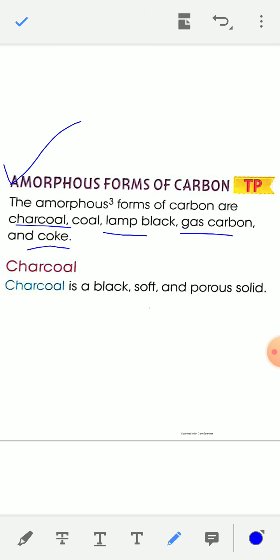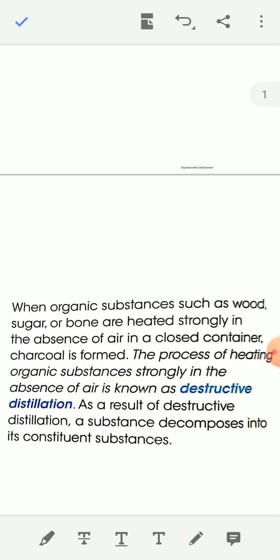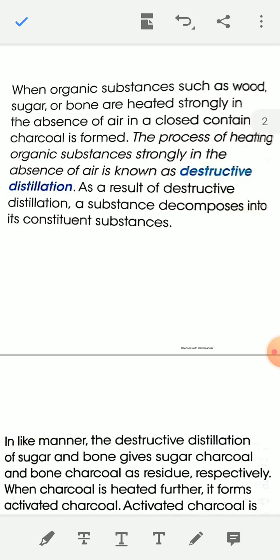You have to read about these different amorphous forms of carbon. So first amorphous form is charcoal. What is charcoal? It is a black, soft and porous solid. How is it formed?